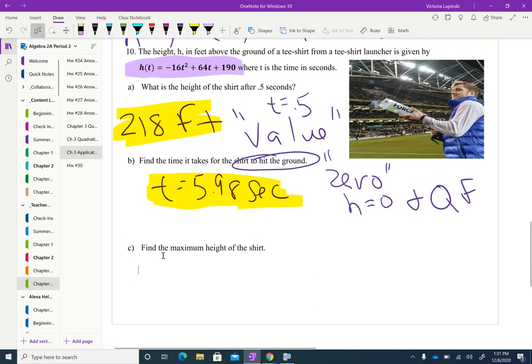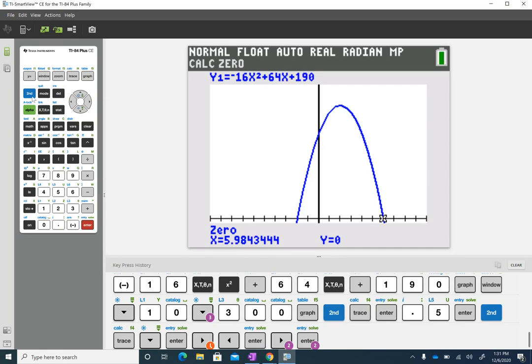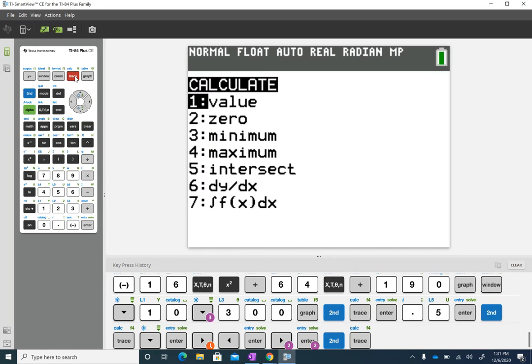And then finally, find the maximum height of the shirt. So if you're trying to find the maximum height of the shirt, remember that that always occurs at the vertex. You could do negative b over 2a, find the answer, and then plug it in, or go back to your graph, second trace, choose the maximum option.